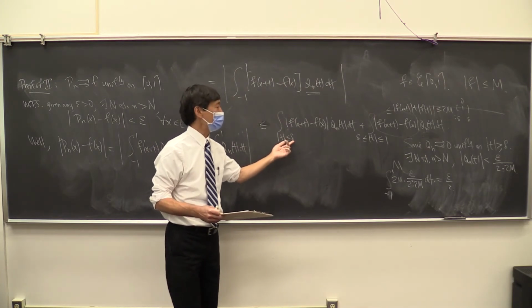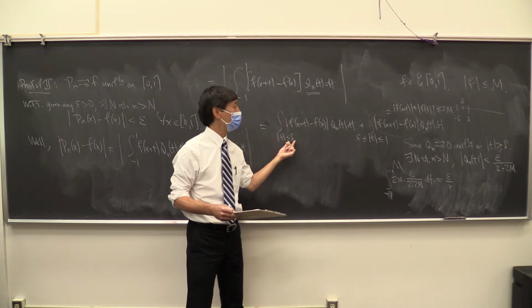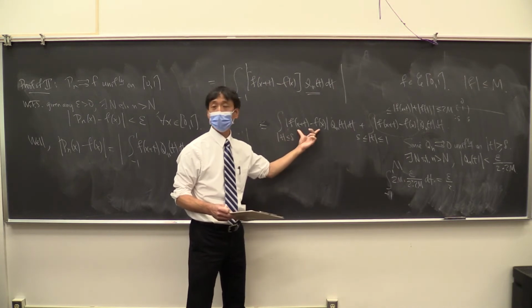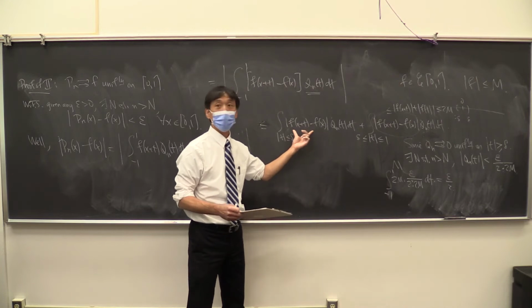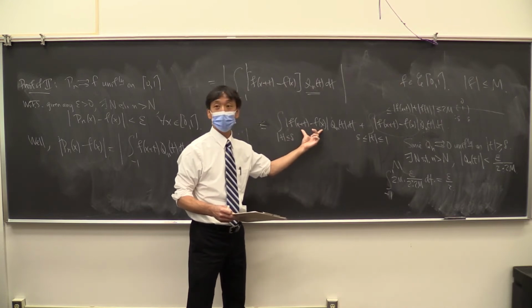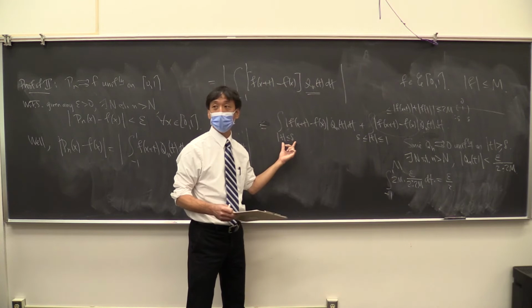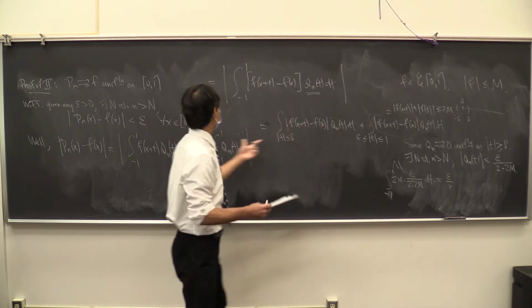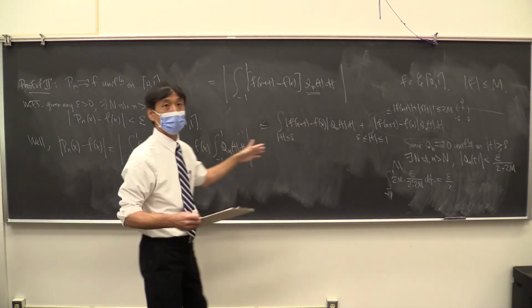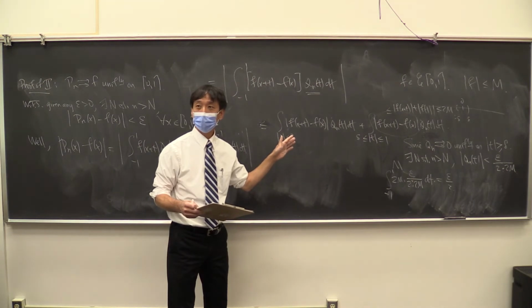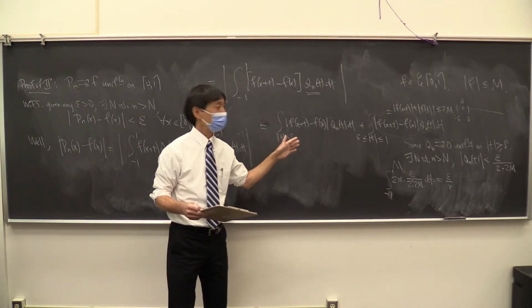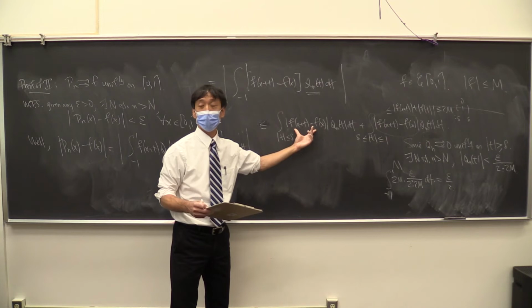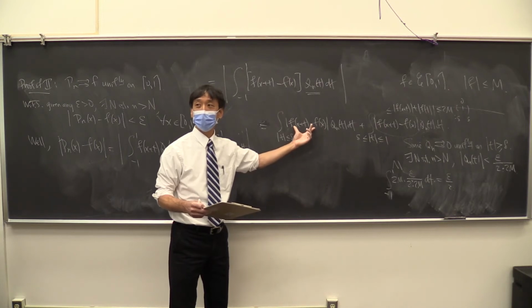So if we make our delta really tiny, what kind of control do we need here? f of x plus t minus f of x, where t is tiny, and x is any point in 0, 1. What do we need about f to get control of such a thing? Keshav?